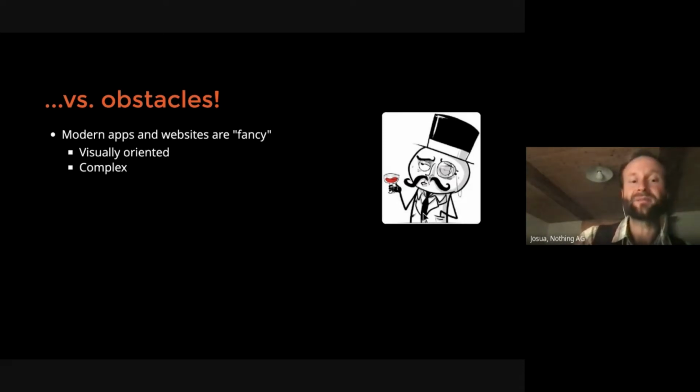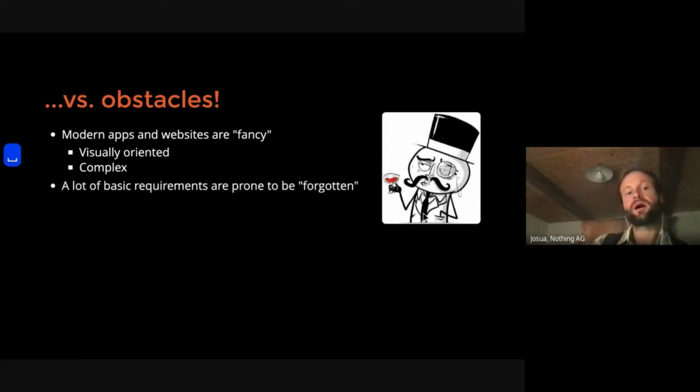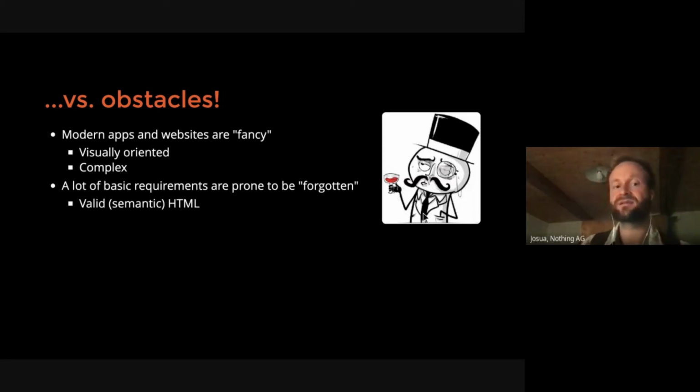And during the implementation process of creating such visually oriented, complex interfaces, a lot of basic requirements are prone to be simply forgotten. For example, a lot of websites today do not use HTML anymore the way that it is intended to be used.